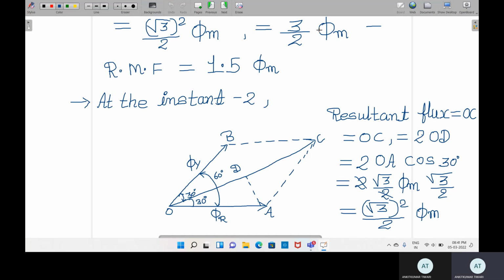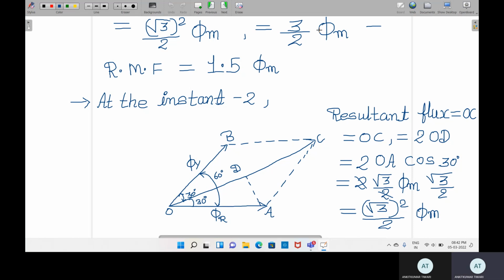So in this case, we have also found that the resultant of phi r and phi y, or vector OA and OB, is OC. The resultant of phi r and phi y is 1.5 times phi m, meaning the fluxes produced by the coils R, Y, and B each are less than the resultant flux.